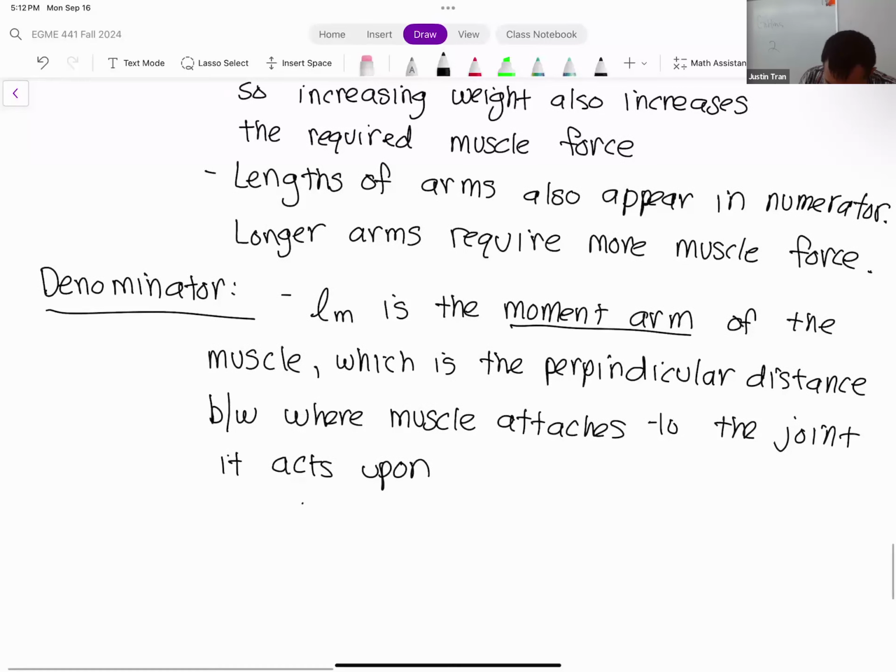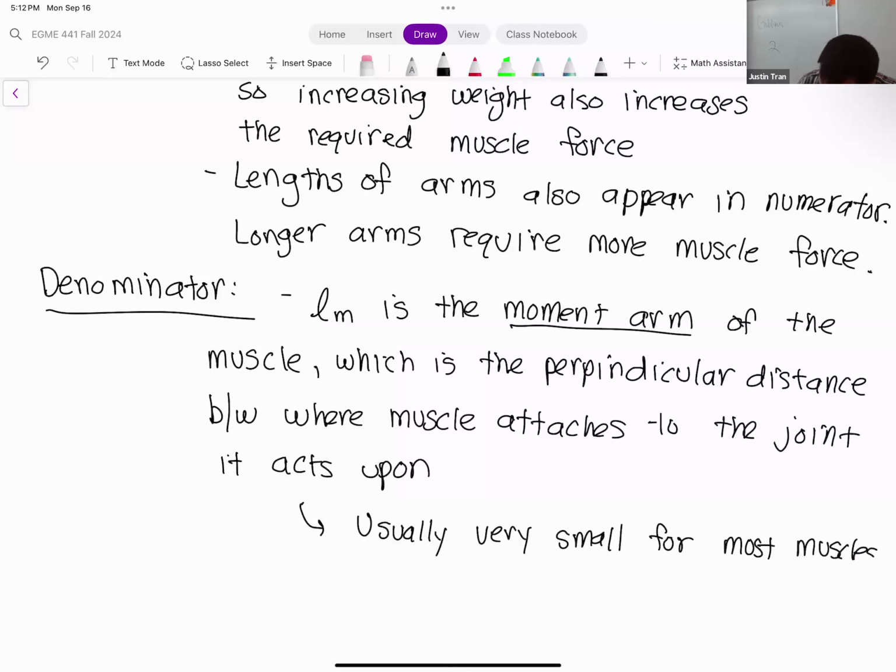Okay. So what you need to know about the moment arm is that typically for the vast majority of muscles in your body, the moment arm is usually very, very small. Right?